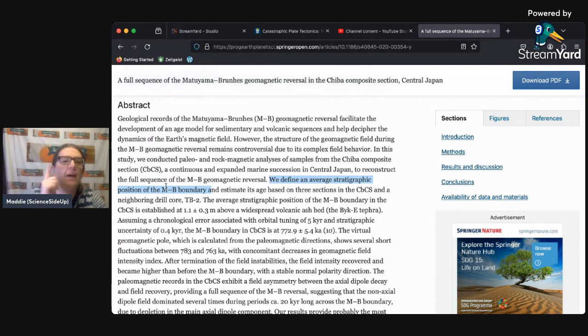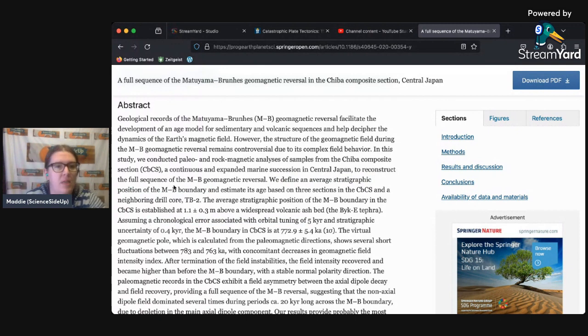Okay, before and after. That is really useful, because usually we see magnetic reversals in the oceanic crust, which is younger. Okay, I'm understanding what this is.